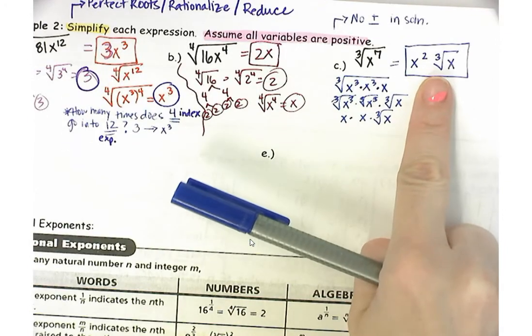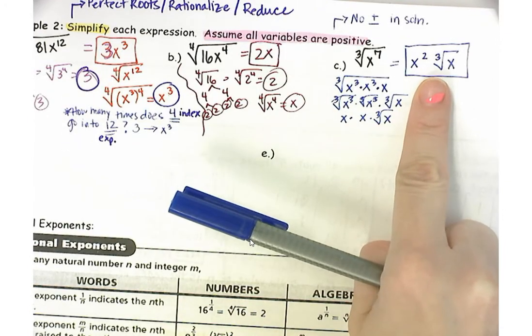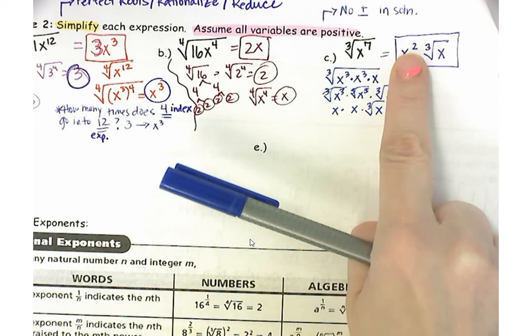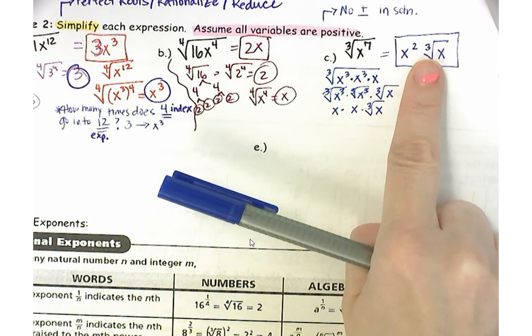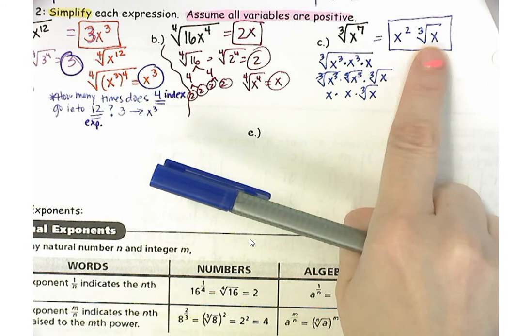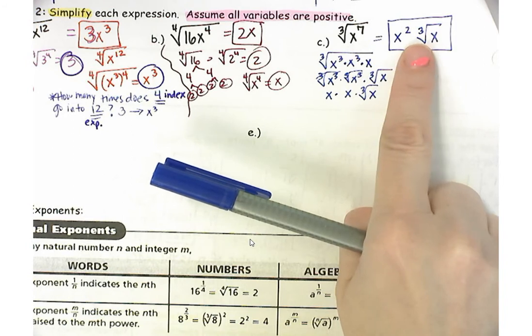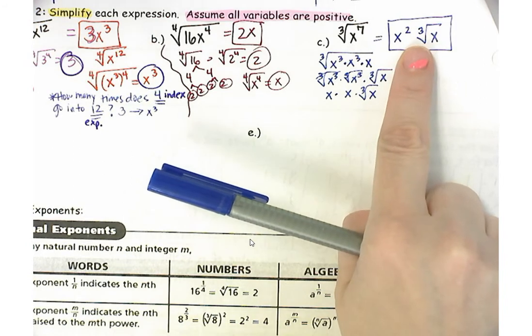What would be the rule? The exponent. Yep. So the exponent inside the radical should never be greater than your index. Because if it was, then you could take another group out.